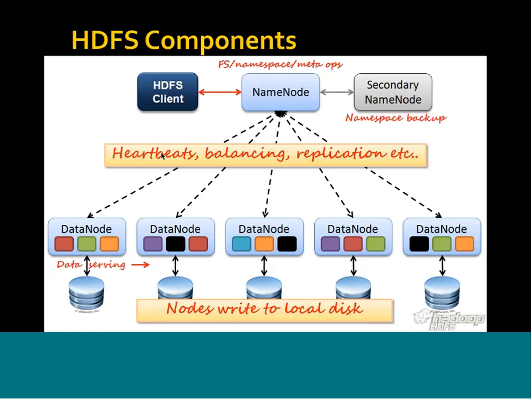Whenever the HDFS client does a write operation, that write operation will be managed by the name node. Name node will tell the client which data nodes are near to him where he can write the data. Then comes replication. You are writing a file to the name node. How many replicas of that particular data must be created?